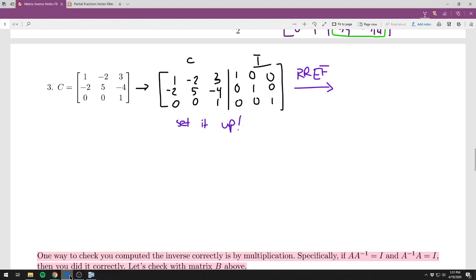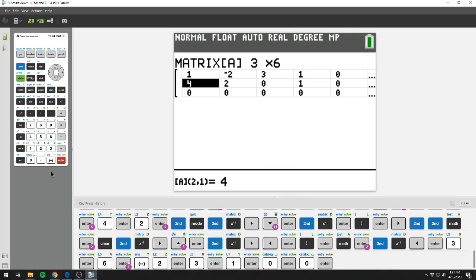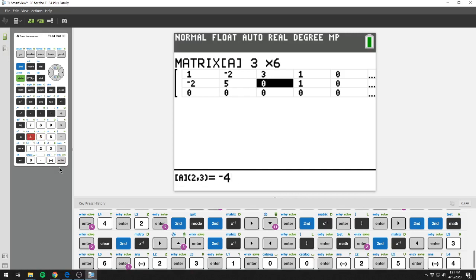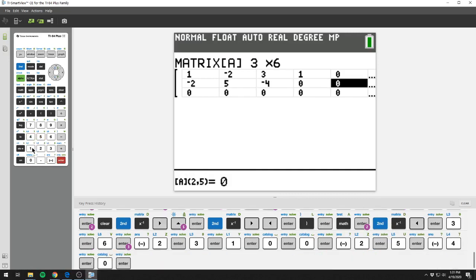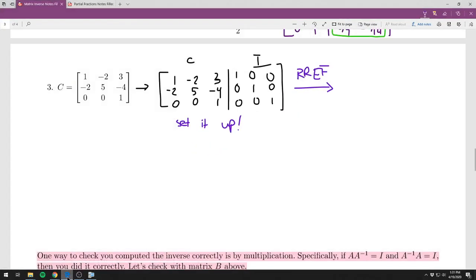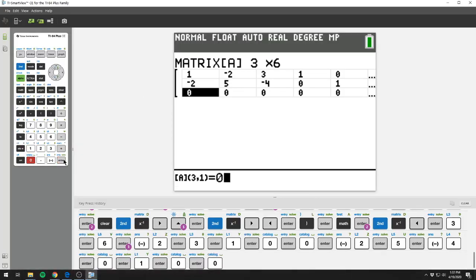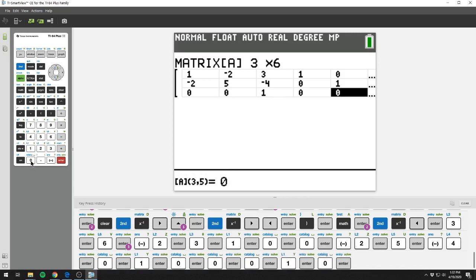The second row is -2, 5, -4, 0, 1, 0. And then the last row is 0, 0, 1, 0, 0, 1.